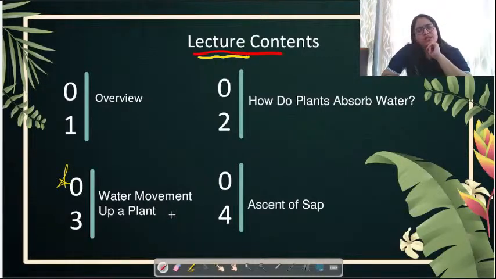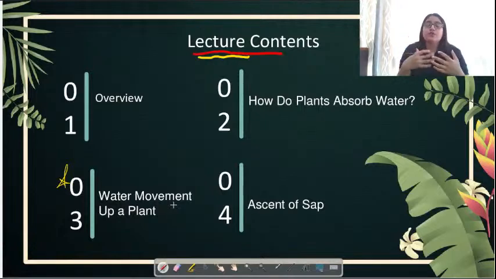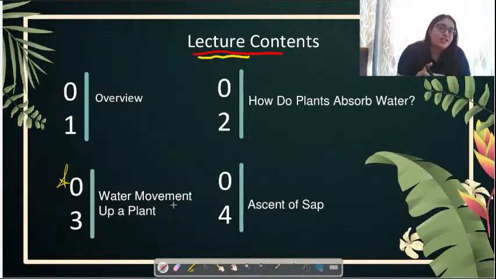That means we will understand, my kids, how water is transported from the root xylem up to the leaf xylem, and which force helps water overcome the gravitational force and pulls the water up from the root xylem to the leaf xylem. So the most important part of this lecture lies over here.